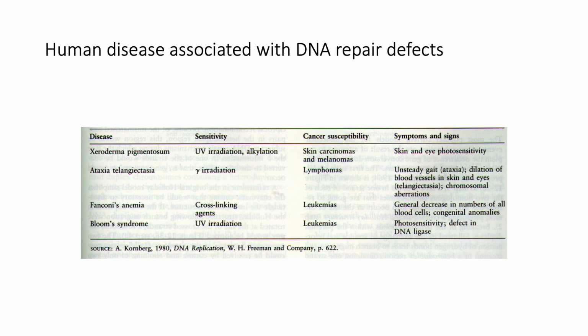Ataxia telangiectasia, a difficult one to say, is a sensitivity to X radiation, can cause lymphomas and produce a number of other symptoms. So that's all I wanted to say about repair.